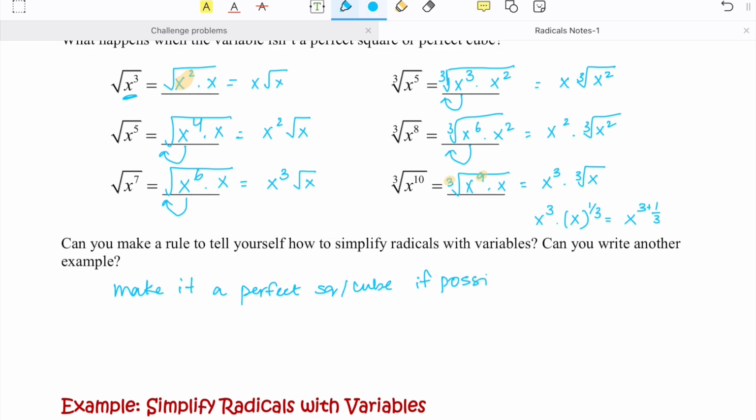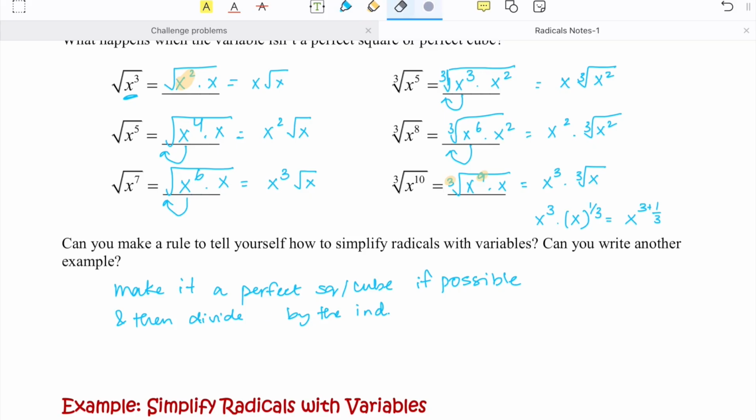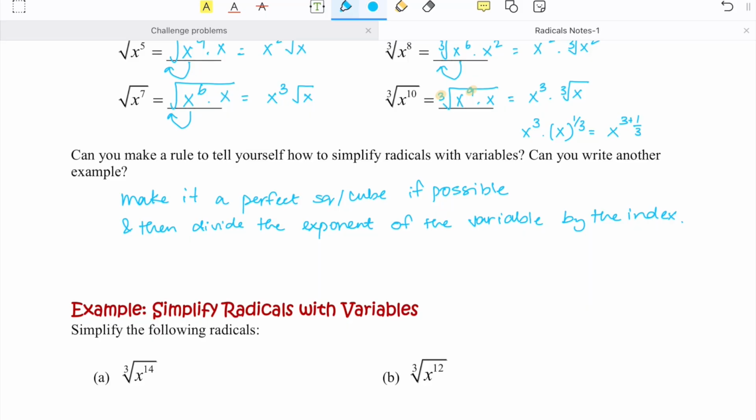And then divide the exponent of the variable by the index, right?